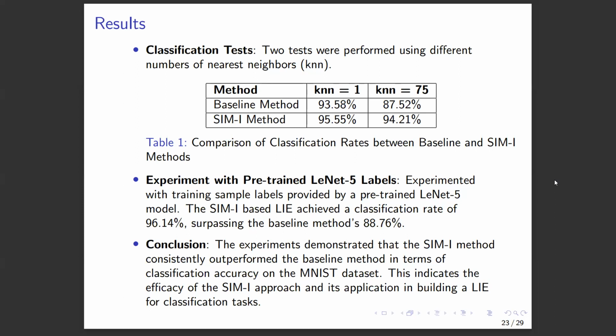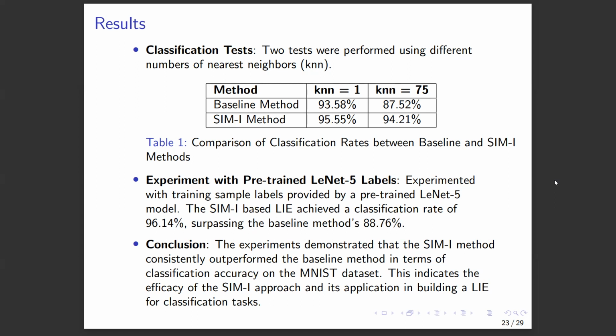And here we performed two experiments. First, if we take the KNN to be 1 for the baseline method, the classification rate is 93.58%, and for Sigma-I is 95.55%.